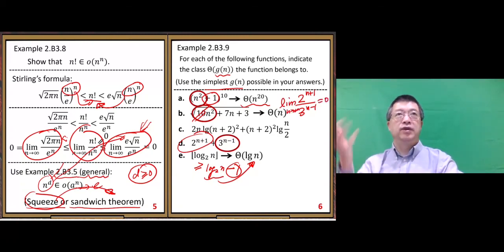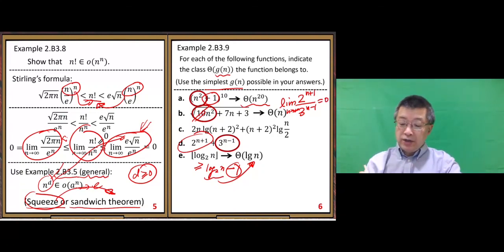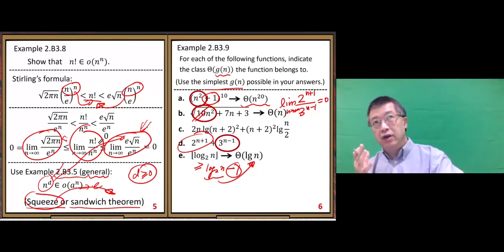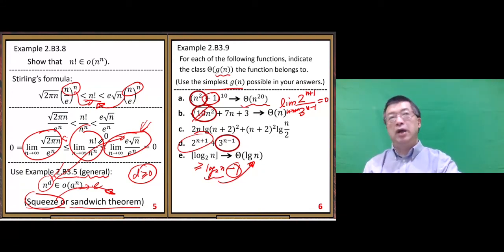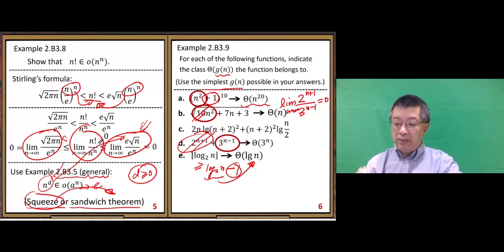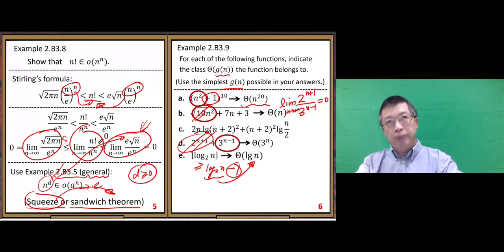So the first term compared with the second term, the limit goes to 0. That's why we can ignore the first term and we only keep the second term. The second term we can write as big theta of 3 to the nth power. Exponential function, but power of 3.